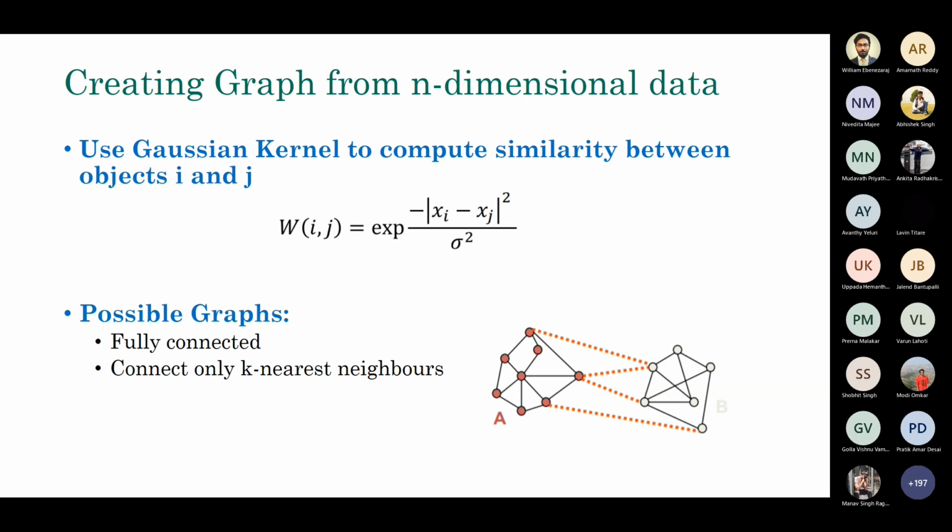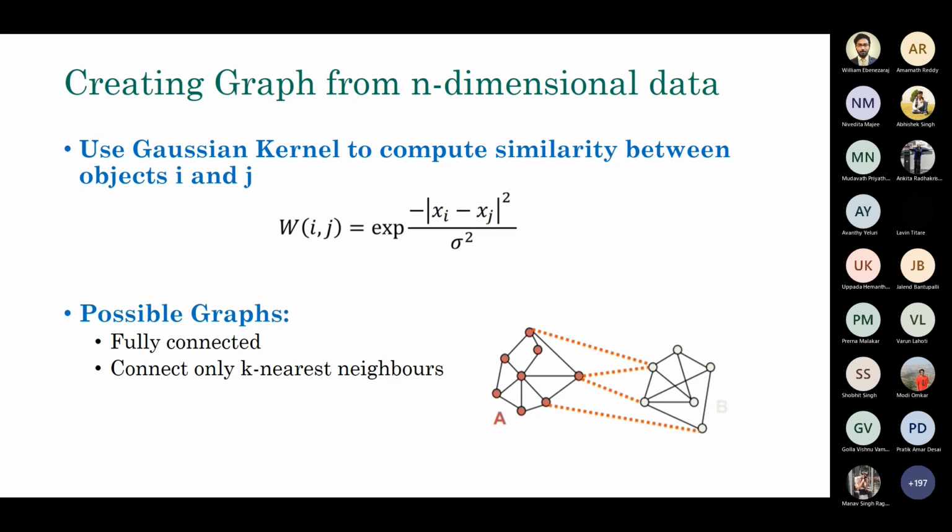If you have data in graph form already, you do not have to worry about creating a graph, and you can straight away apply the spectral clustering algorithm. If you do not have that, say you have n-dimensional points, you need to first create the graph for spectral clustering and then you can apply it. So this particular slide is for creating the graph from the raw n-dimensional data.